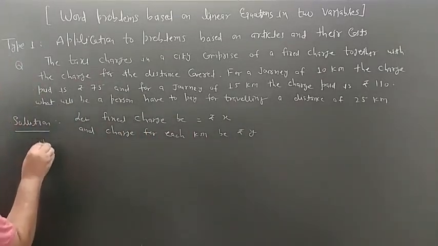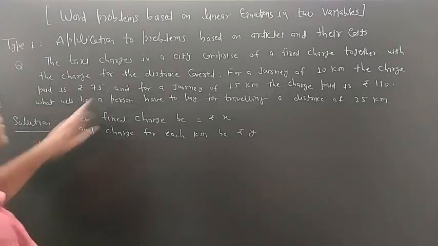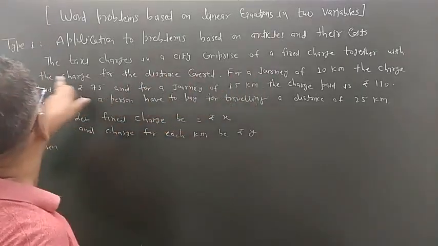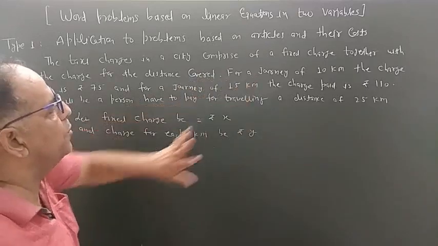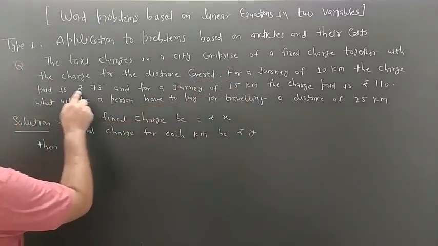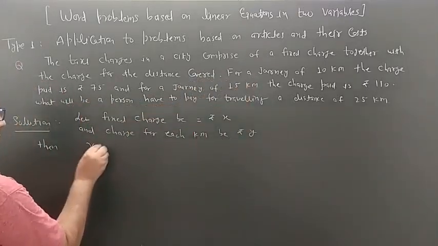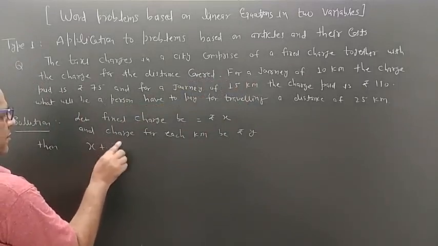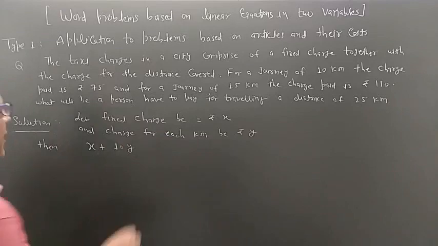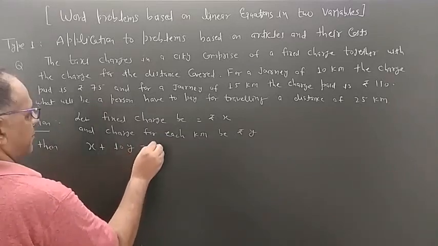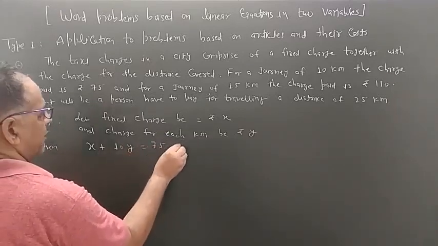Then for a journey of 10 km, the charge paid is rupees 75. Then x plus 10y, because the journey is traveled by 10 km and the total payment becomes 75.